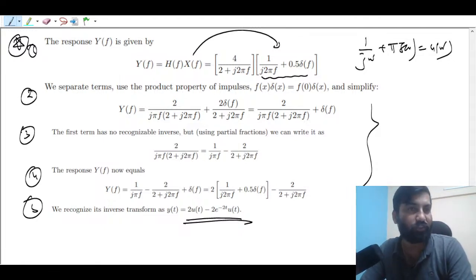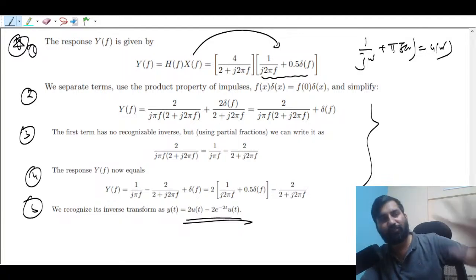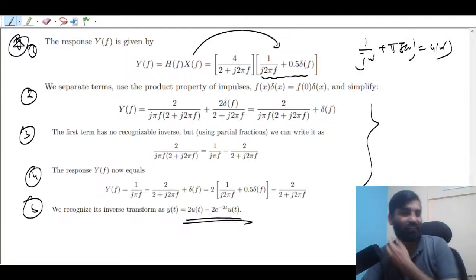So if the input is sinusoidal, cosinusoidal, the output will also be cosinusoidal, sinusoidal, exponential. बस उसमें changes क्या आएंगे? The phase and the magnitude will be changed.